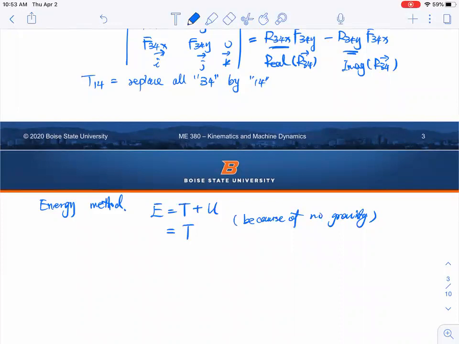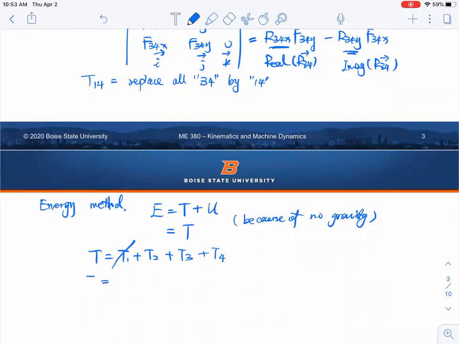All right, so we need to find the total kinetic energy. So again, your kinetic energy is T1 plus T2 plus T3 plus T4. You just find the kinetic energy for each link. Your ground link is not moving, so that's why the first term is always 0.